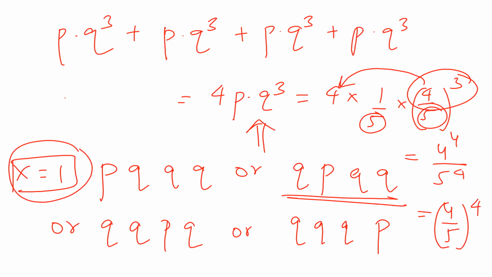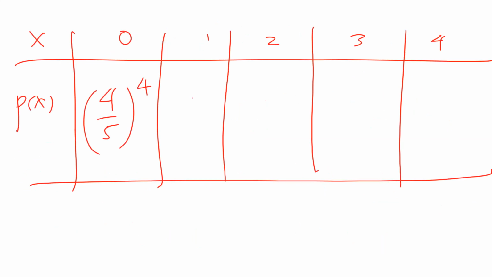So 4 by 5 the whole raised to 4. Okay. When x is equal to 2, we require two defective bulbs. So the first two we might get defective bulbs, and the last two will be non-defective.